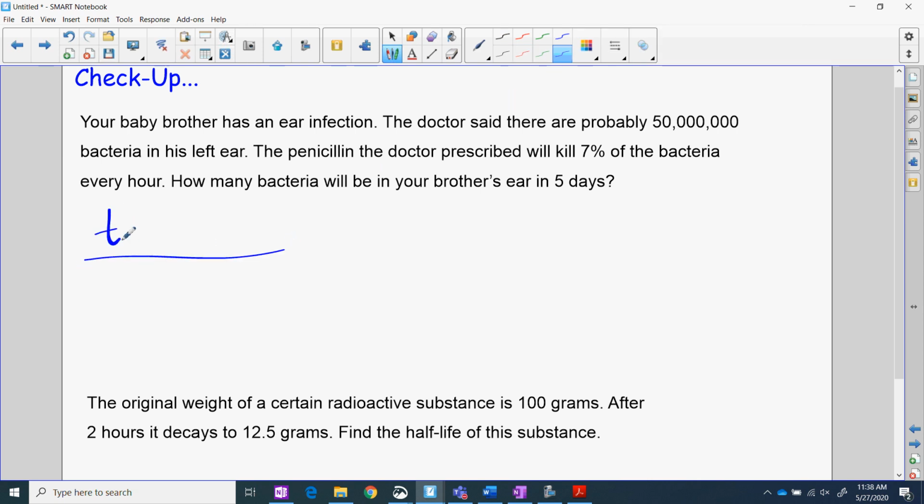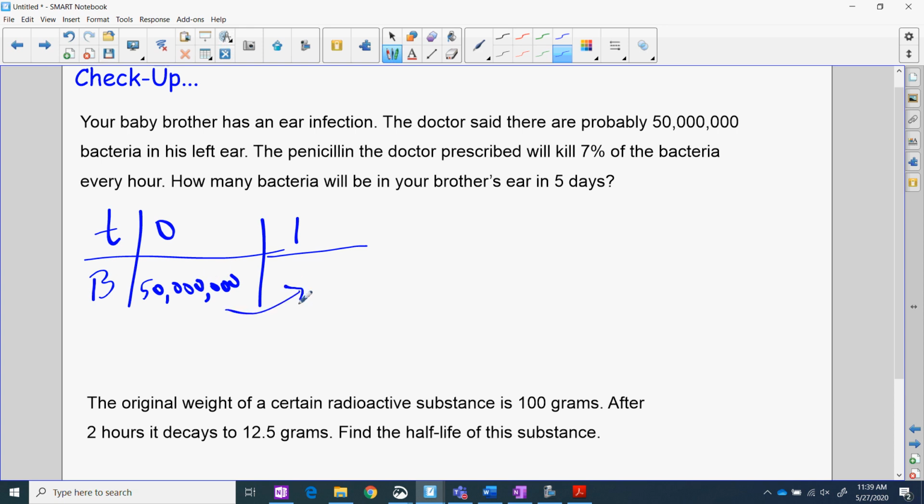Time in the beginning, I'll use B for bacteria. He had 50 million bacteria. In 1 hour, you're going to kill 7%. This number is how many bacteria are there. If you kill 7%, there's still going to be 93% remaining.